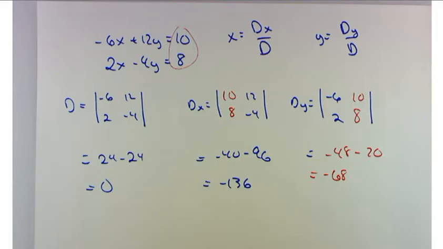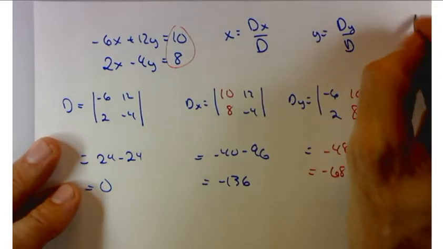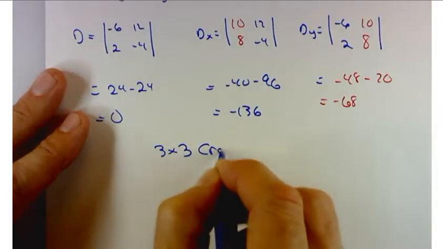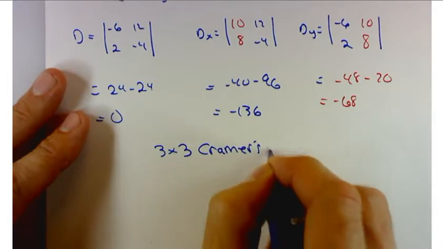So let's do the setup part first. And I'm not going to go through and write it out in general detail like I did with the 2x2 case. So 3x3, Cramer's rule.